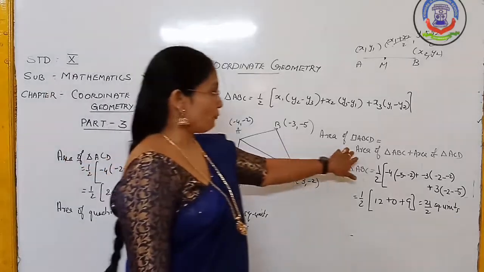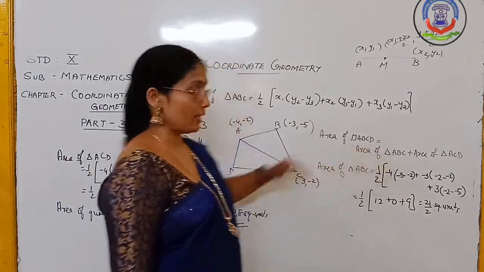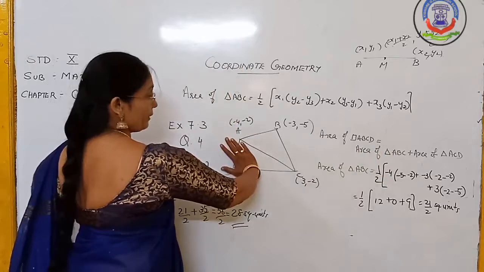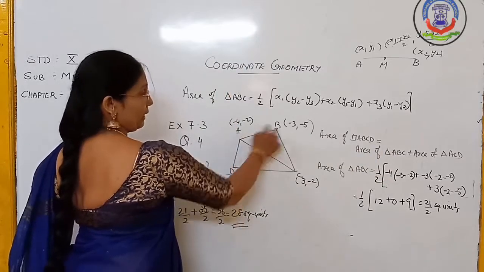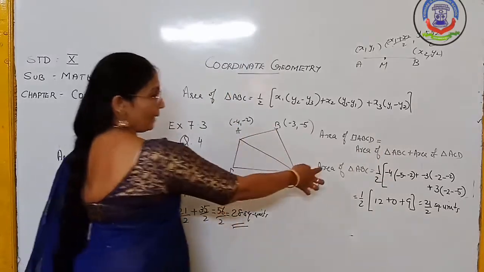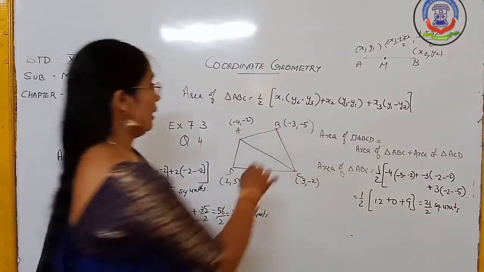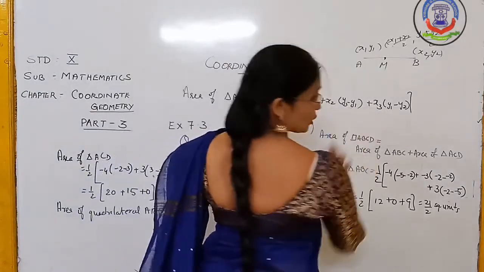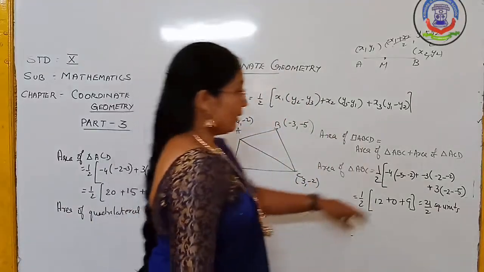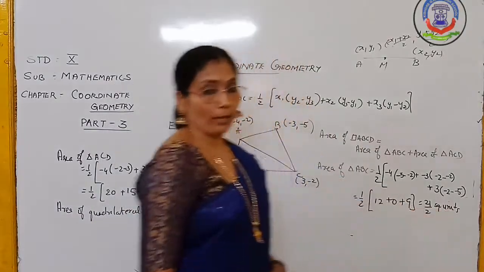Now separately find out the area of triangle ABC by the formula half into x1 into (y2 minus y3) and so on. You will get the answer 21 by 2 square units.